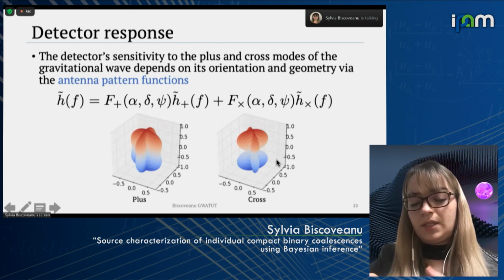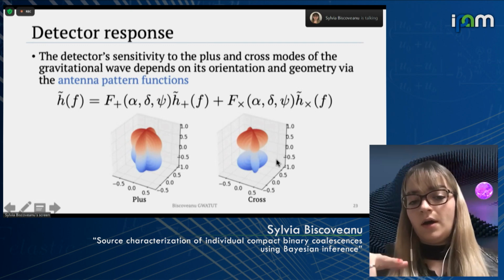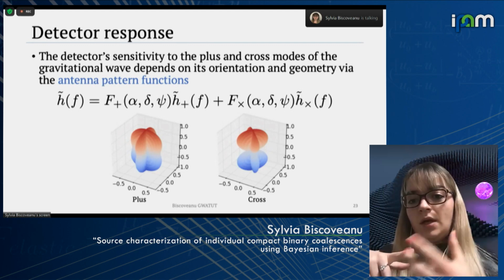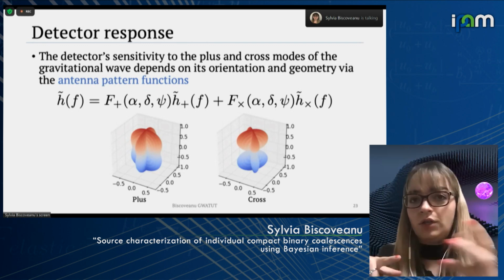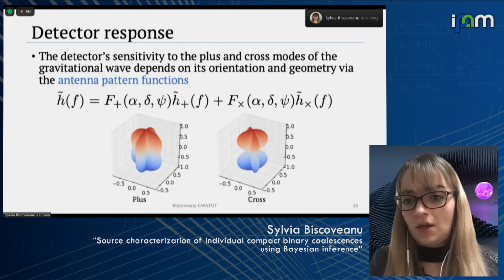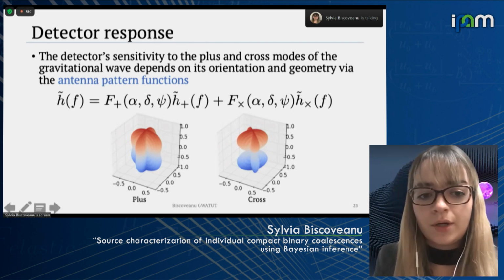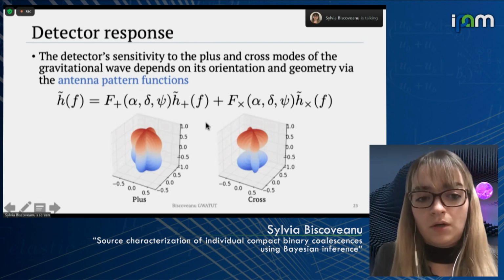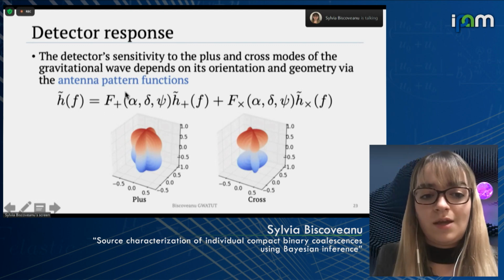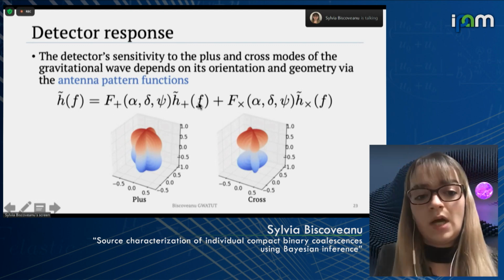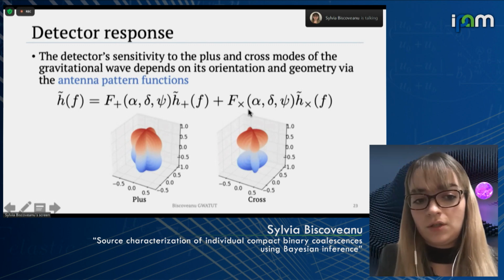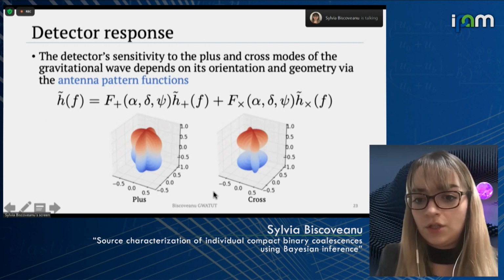And that just basically tells you that if you got a cross polarized gravitational wave coming straight down along one of the arms, the deformation and the stretching and squeezing of spacetime would be such that it would be missed by the interferometer. So then the final waveform that we observe in the detector is just the antenna pattern times the astrophysical contribution for each of the two polarizations, and then you sum both of the two polarizations.